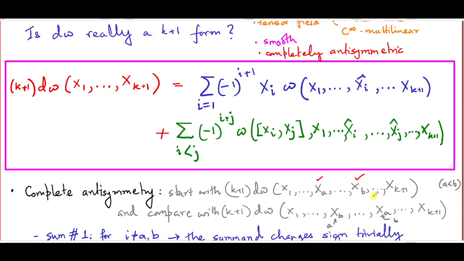So a and b are basically positive integers between 1 and k plus 1, and a has been taken to be less than b, so that the one field that has been indicated by xa is sitting to the left of xb in the argument list.